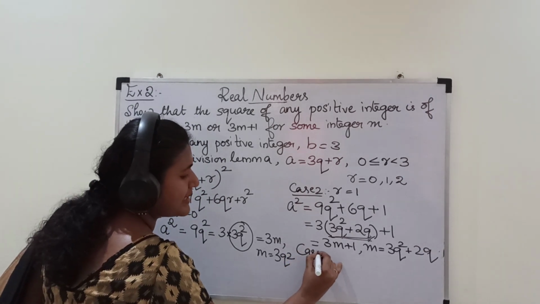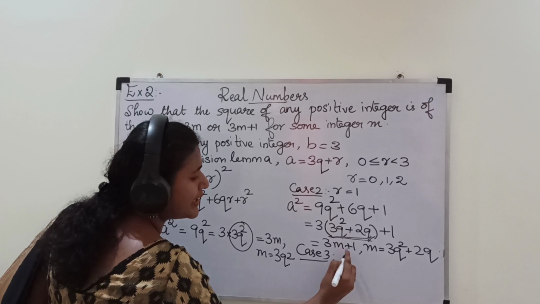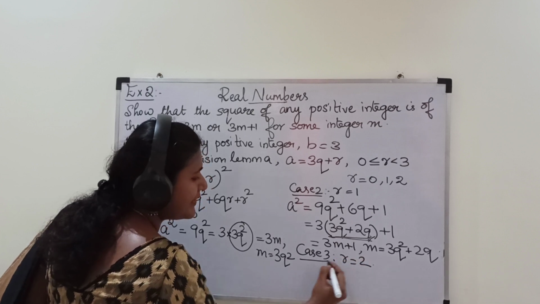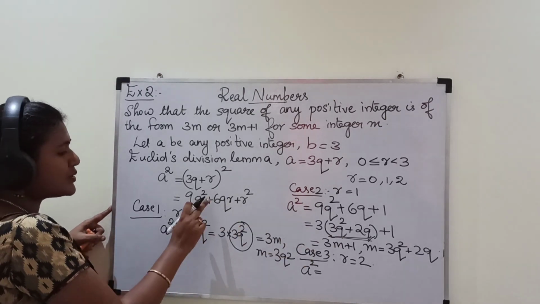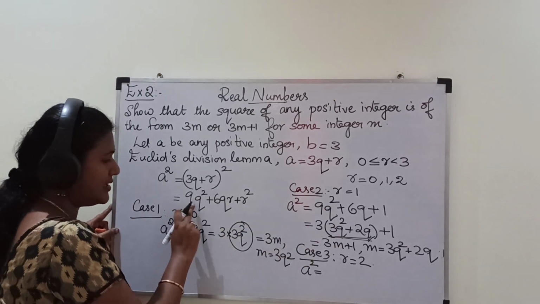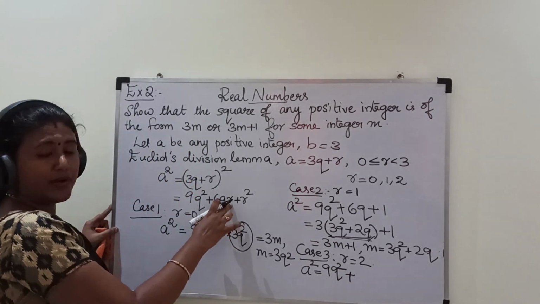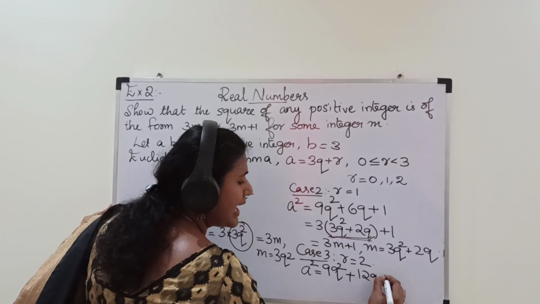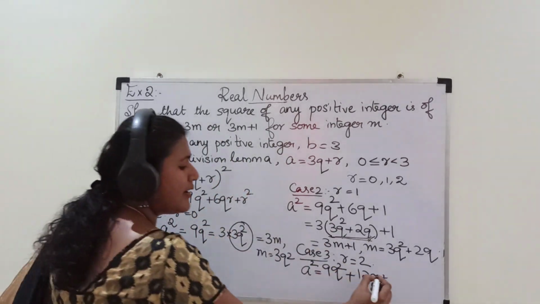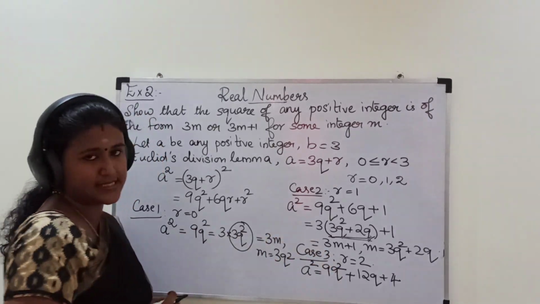Now case 3. Case 3 is r equal to 2. When r equal to 2, we will see the value of a square. We will substitute here: 9q square, and when you substitute r equal to 2, you get 12q, and r square will become 4. Now how are we going to express this?